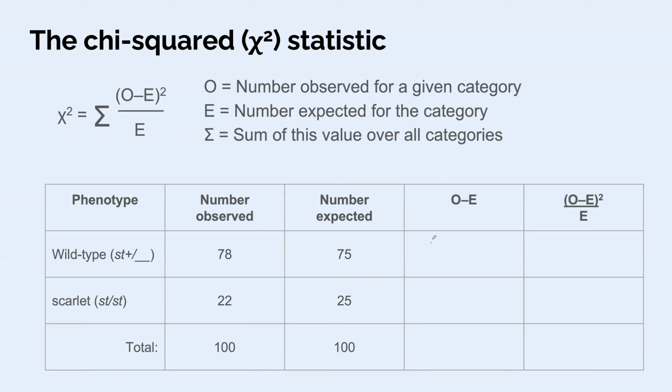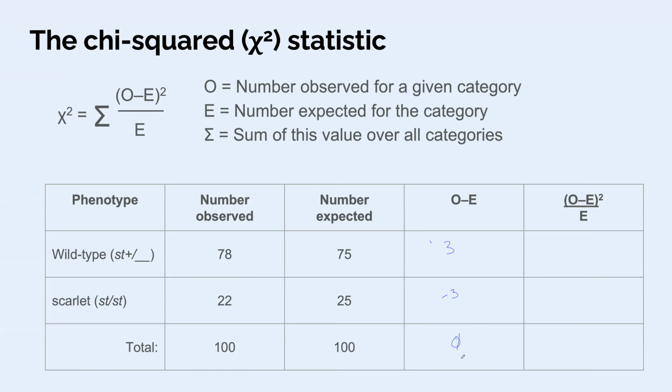So observed minus expected, 78 minus 75, that is 3. 22 minus 25, -3. The total here is 0. If we are totaling up 2 categories, we are 3 more than we expected in the wild type category, 3 fewer than we expected in the scarlet category.